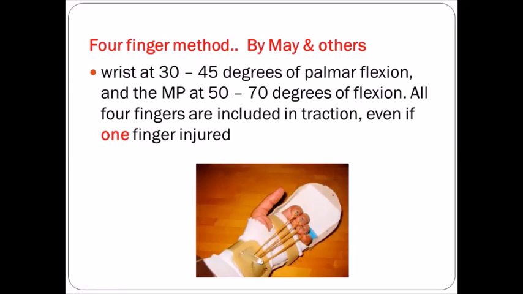But when you are going for passive flexion of the index finger, it is sometimes not comfortable. When you are going for passive flexion of one finger, it is difficult to do. Rather than that, going for all fingers is easy. So that is why some therapists use all the fingers, even if there is one finger affected.